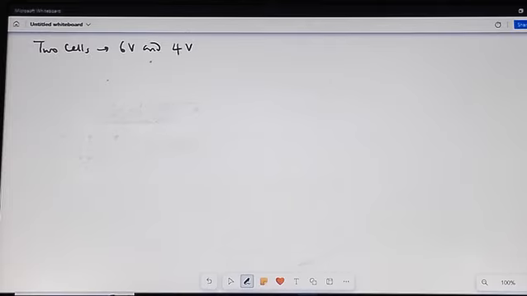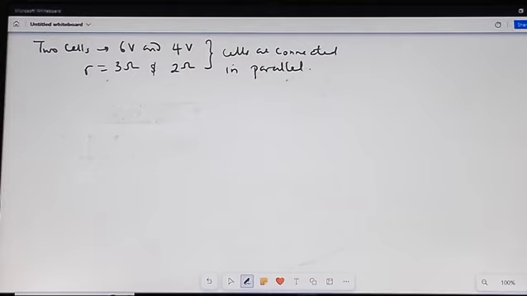And they have internal resistance of 3 ohm and 2 ohm, respectively. And these two cells are connected in parallel. A load resistor.